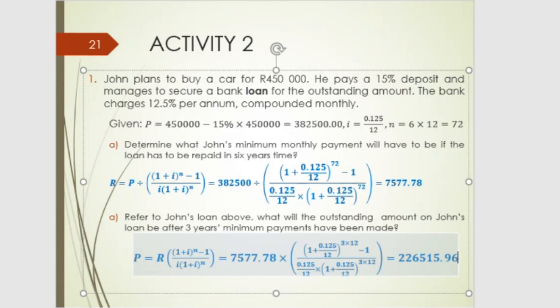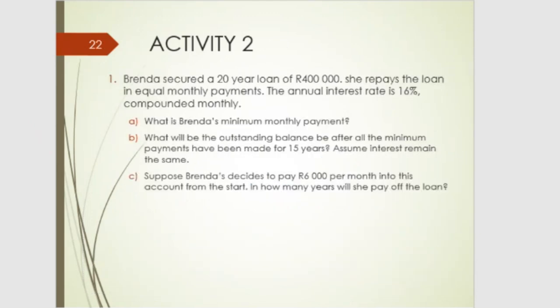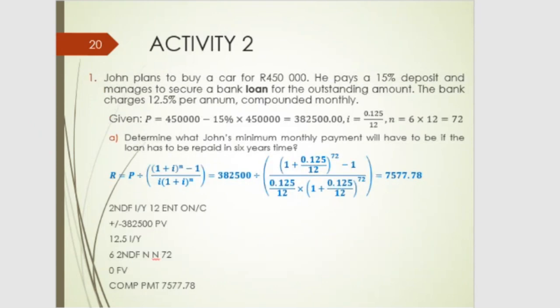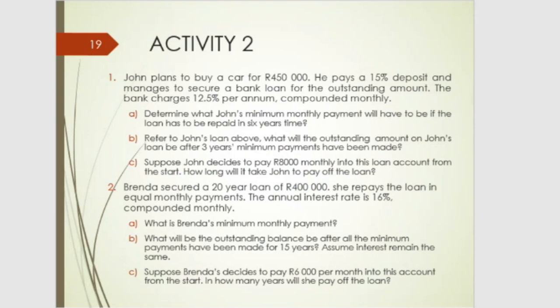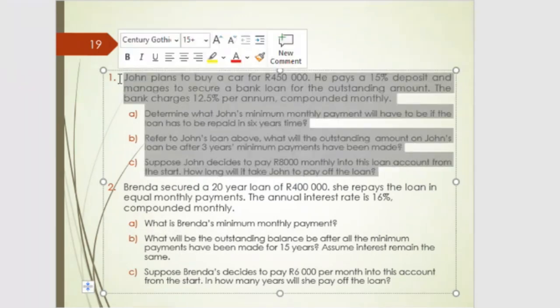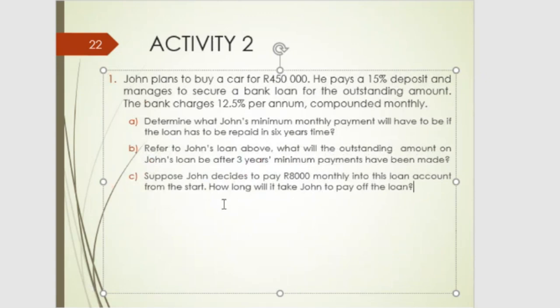All right, let's look at this. I think there was the last question that says, suppose he decides to pay. All right, the third one says, suppose John decides to pay 8,000 monthly into this loan account from the start.